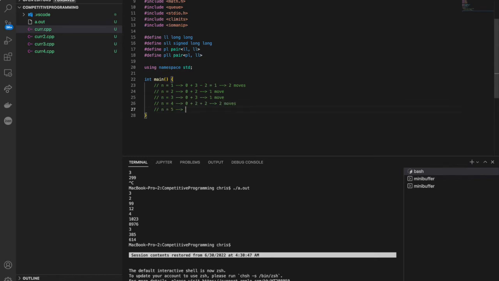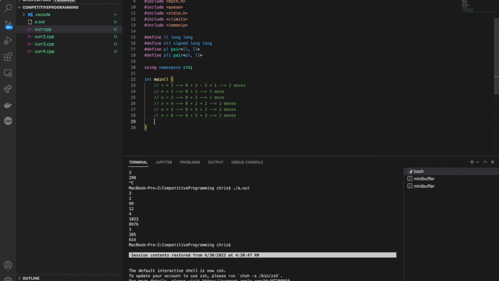For n equals 5, we could build off of either the 2 or the 3. I'm going to build off the 3 this time, so 0 plus 3 plus 2, and that gives us 2 moves, my bad, not 3. And for n equals 6, it would just be 0 plus 3 plus 3, which is also 2 moves.